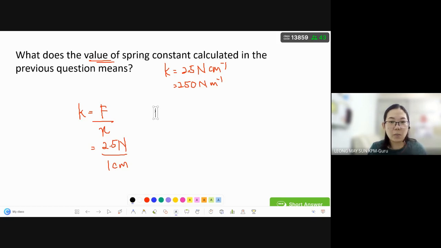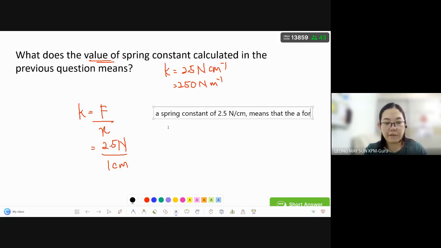So that's the reason why a spring constant of 2.5 Newton per centimeter means that a force of 2.5 Newton is needed to extend the spring by 1 centimeter.